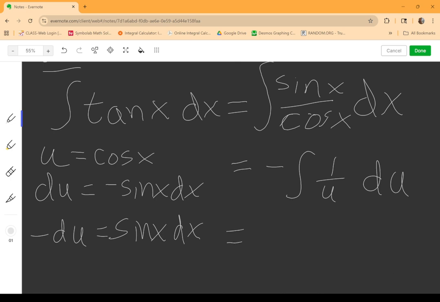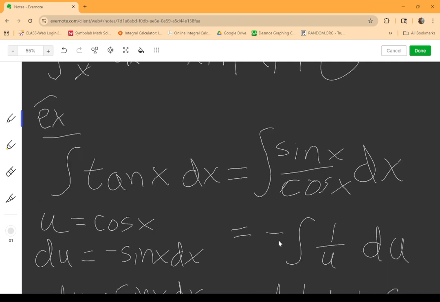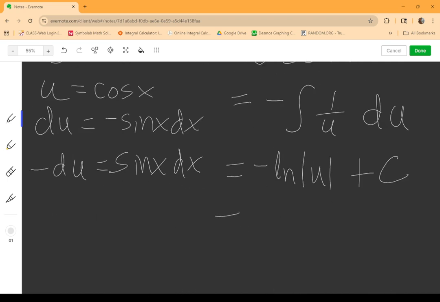So we have the integral here becomes negative natural log of the absolute value of u plus c, or negative ln of the absolute value of cosine of x plus c. And again, that negative in front, remember from the previous theorem, that's actually an exponent.